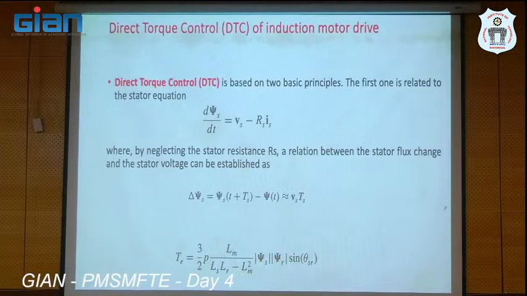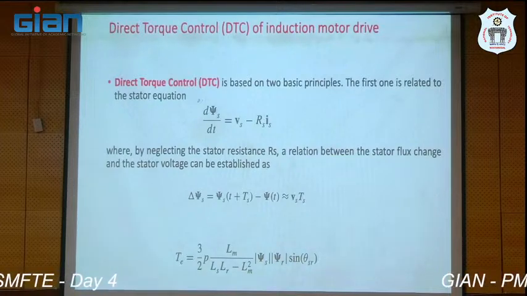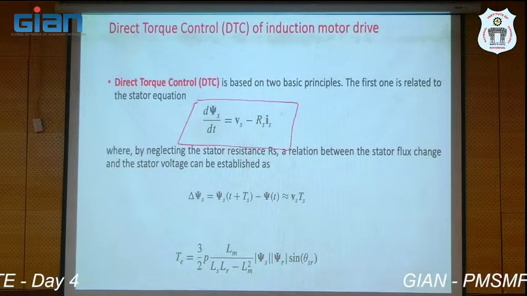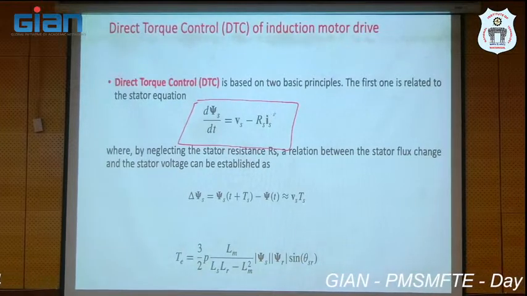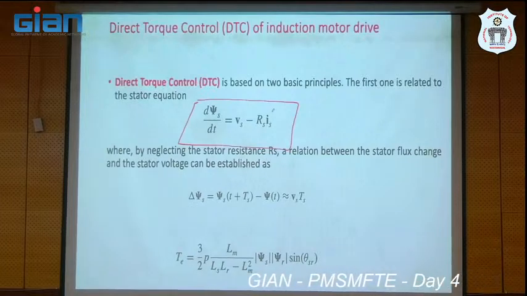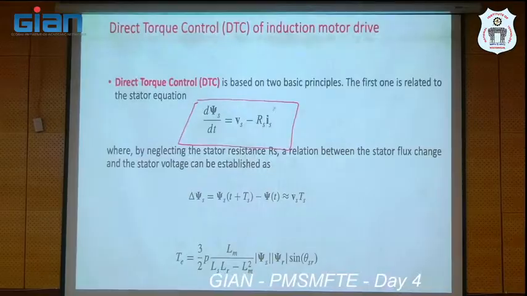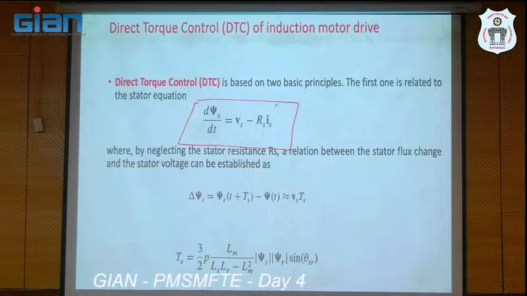So here, if you observe, this equation is called the universal voltage expression. Yesterday we discussed, if you want to develop a mathematical model, what is the universal voltage expression? Applied voltage equals resistance drop plus d lambda by dt. One more important thing is that in DTC or FOC, we are trying to control the resultant.